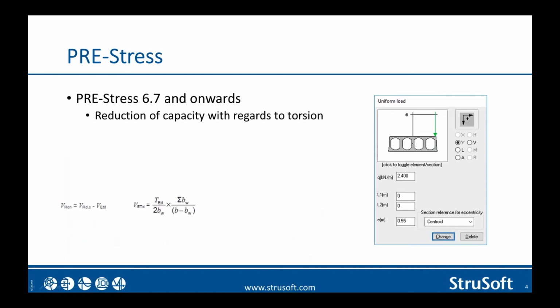This will work in PreStress 6.7 and onwards. And as we saw with the load that Flaviu made for his special flange beam, we enter the eccentricity with regards to the center of gravity.